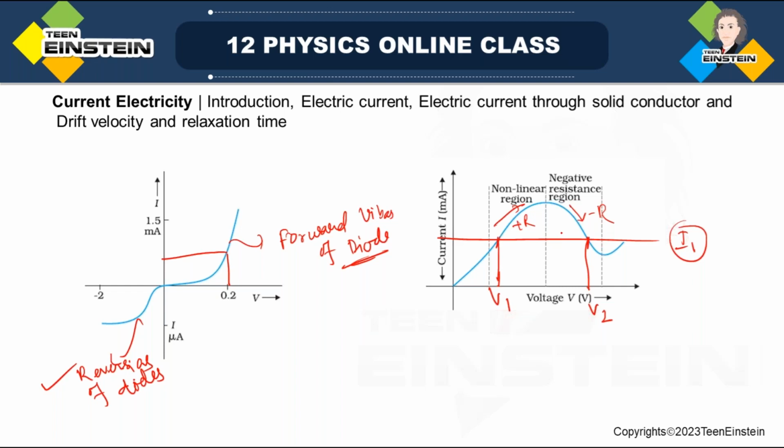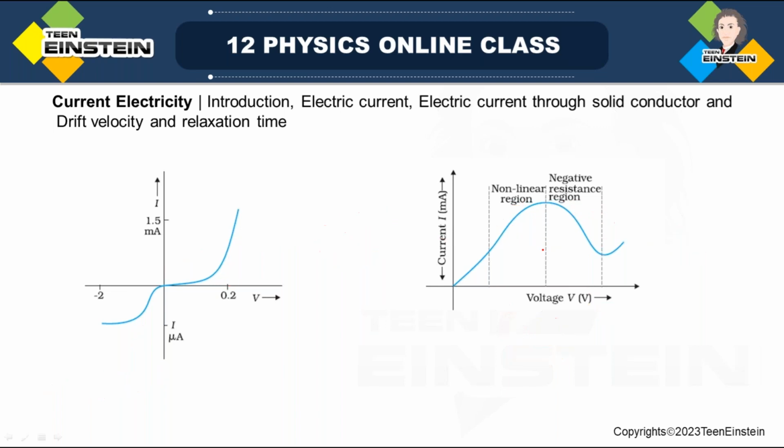This is actually for gallium arsenide, GaAs. This is a semiconductor material which shows this kind of current-voltage behavior. So this is non-ohmic.